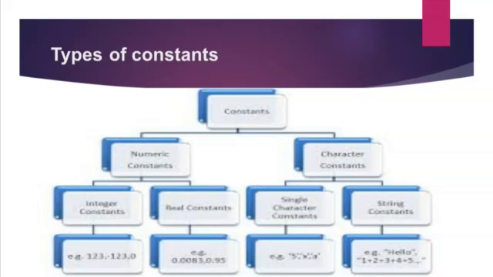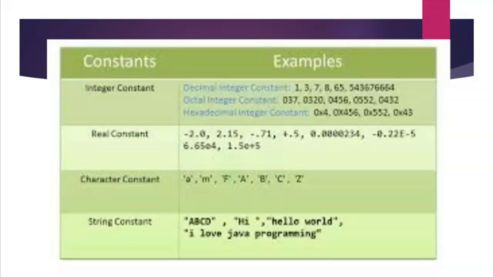Real constants are floating point constants that consist of either positive or negative values and allow a decimal part, for example 15.35, minus 12.56, etc. These types of constants we know as real constants.